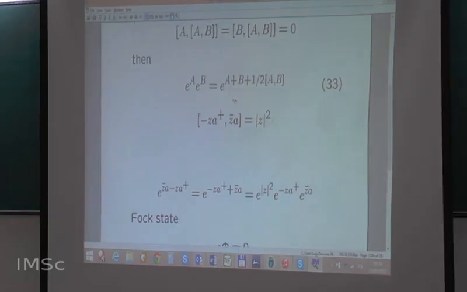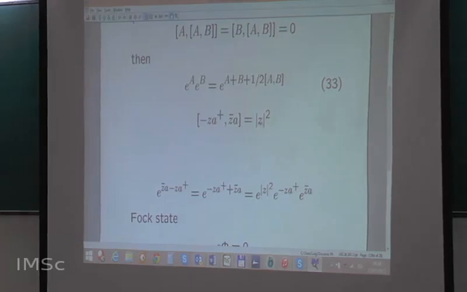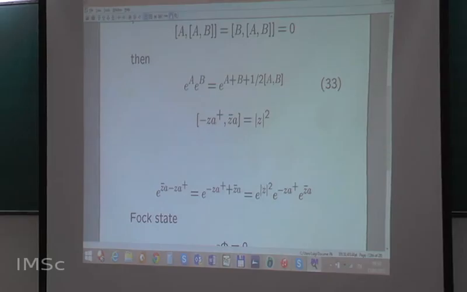This is a useful property, and let us apply it to the particular case in which A is minus z A dagger, and B is z bar A. So this gives you a scalar which commutes with everything. And of course, it commutes with the commutator. Therefore, I apply this formula.